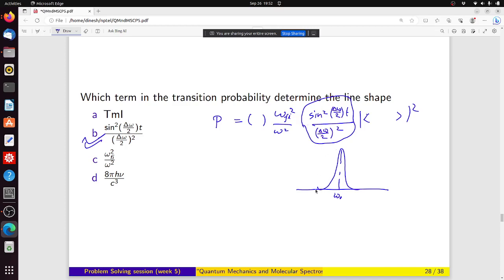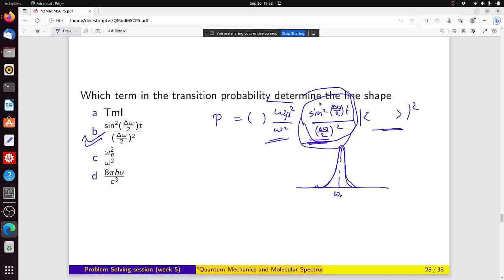This function will look like a Dirac delta function. So the shape of this probability depends on this functional form. All others are constant actually. So the line shape depends on this term, right? Okay.